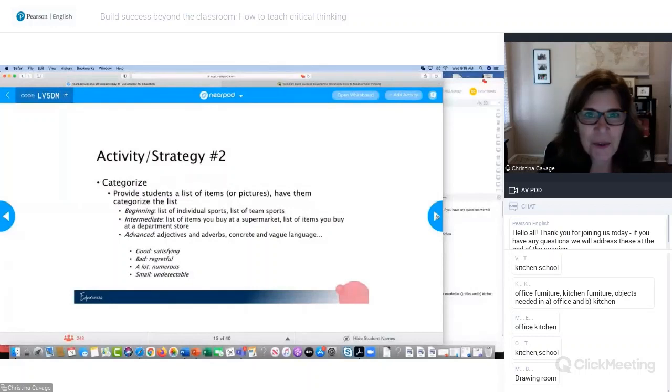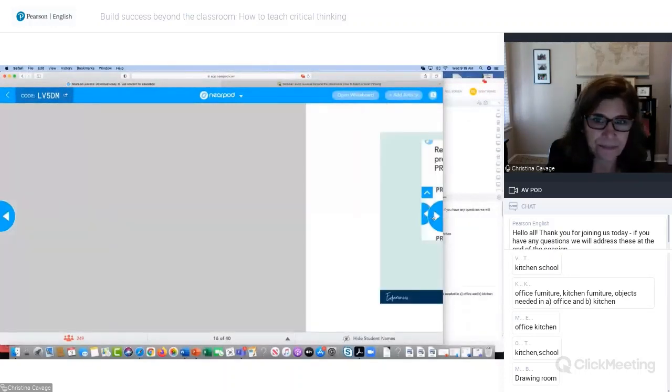Okay, so I don't know about you, but my students still at the advanced levels are using good, bad, a lot, small in their essays, where I'd much rather them have some concrete language: satisfying, regretful, numerous, detectable. So again, this is a strategy that can be modified for any of those levels.